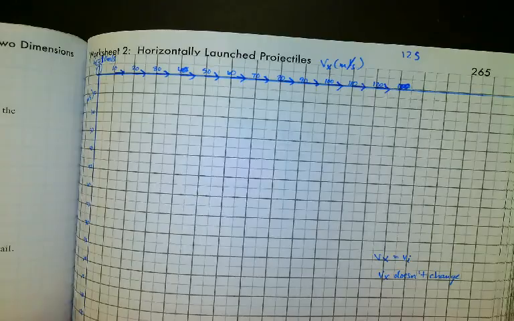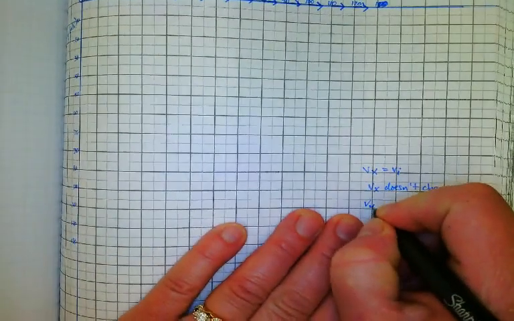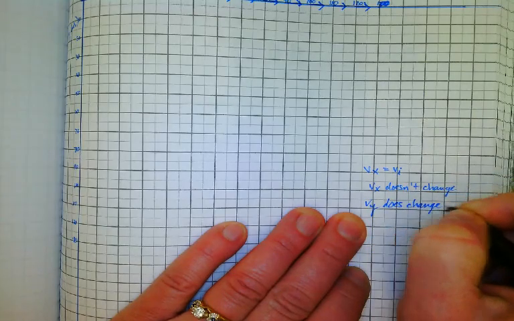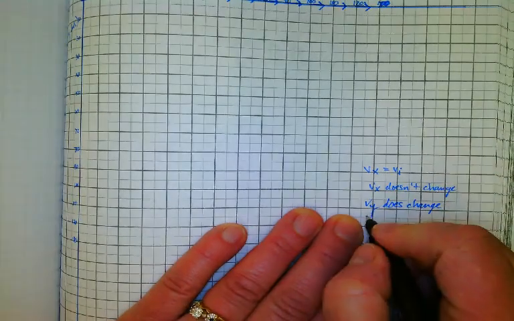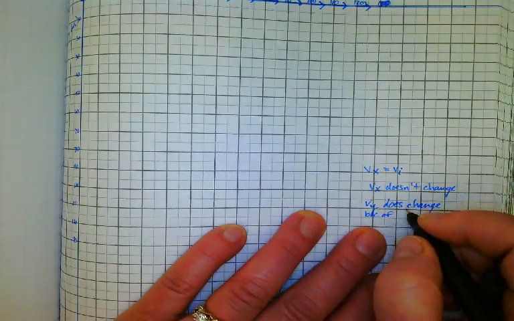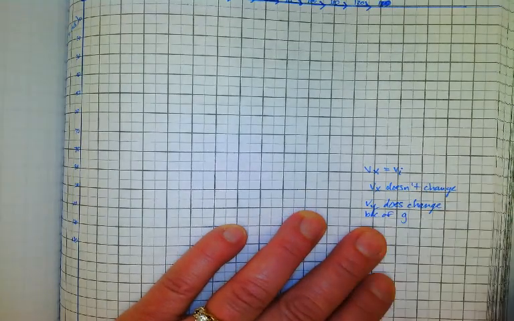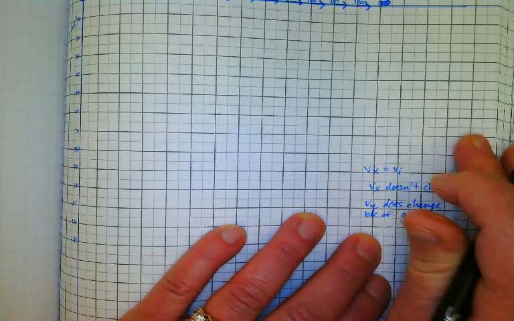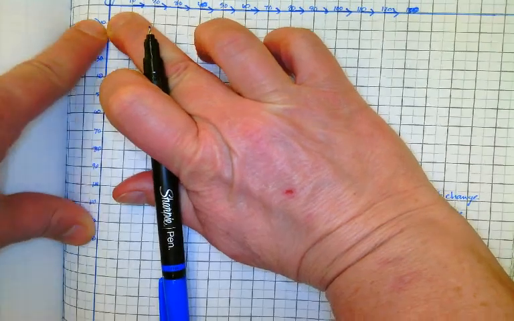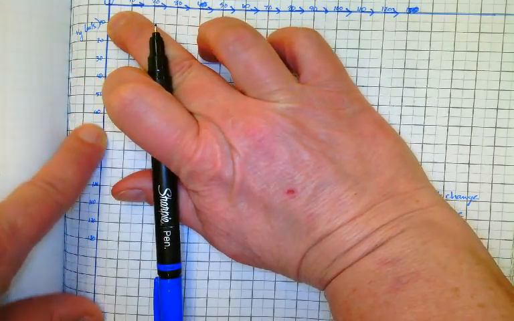Why does Vy change? Because of gravity. So we have to figure out what our Vy is at all these different points, and we're going to change colors.